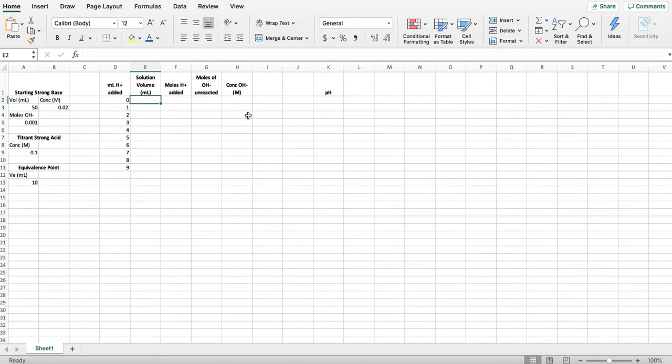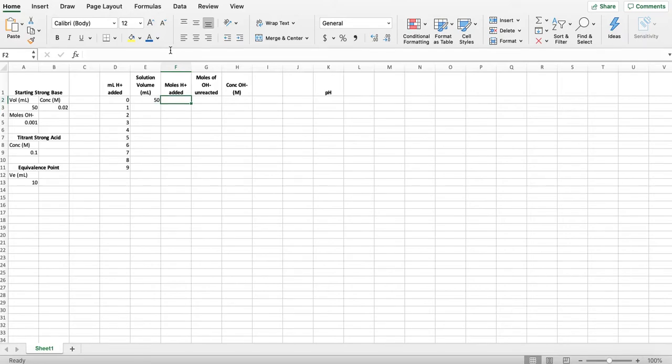Okay, so as you know, here we're going to use Excel to just fill in stuff for us to make it easy. So the total solution volume changes as we add acid. So we're going to make this equal to the amount added plus the starting volume. And I want to hold in cell 3, we'll do the dollar sign.